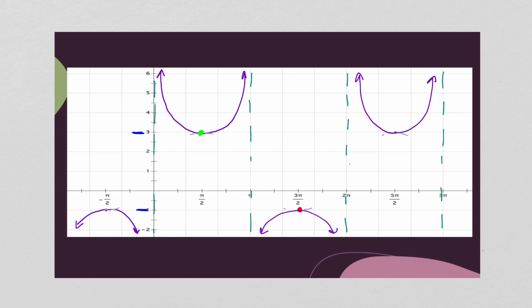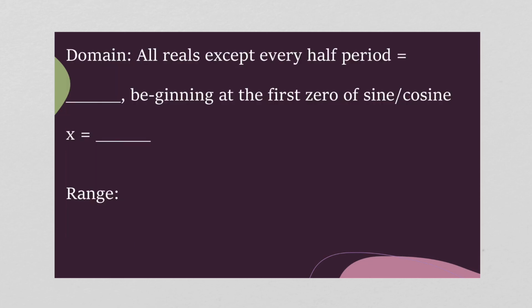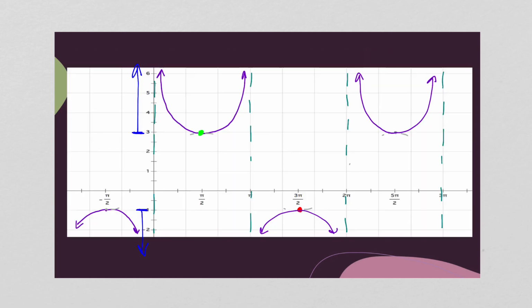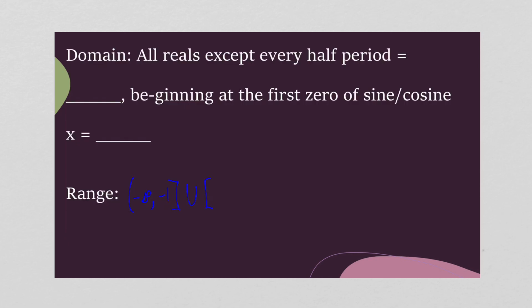So it's going to come from below -1 and then go above 3. So the range is -infinity to -1, including -1, because it's a point on there, unioned with 3, including 3, to infinity.